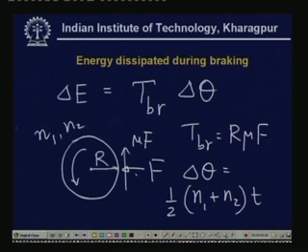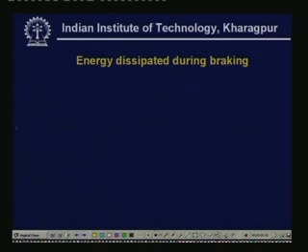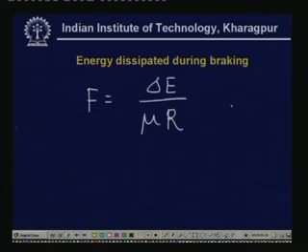This much force must be required to reduce the speed of this moving part from V1 to V2. So, if you make these calculations, then it comes out to be very simple, and F is equal to delta E divided by mu times R, times n1 plus n2, times t, times 2.